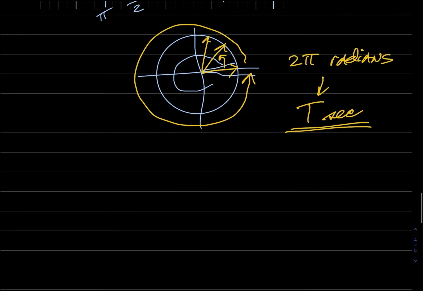then what do we have? Just like distance equals velocity times time, when we're looking at linear motion, angular distance equals angular velocity times time.